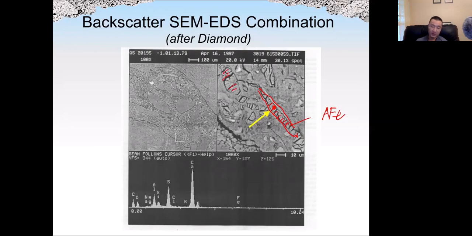From there we can see we have calcium, silica, alumina, chloride, potassium, and sulfate. This is the atoms we can see in that spot of ettringite. But it cannot tell us the compound. For example, for AFt, it cannot tell us we have the compound, only the atoms.